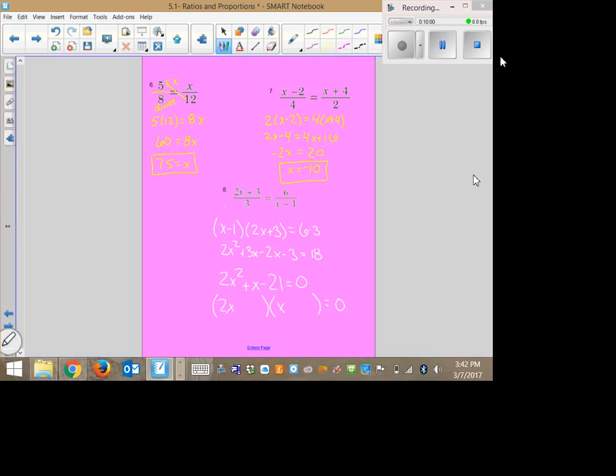So I'm going to put plus 7 and minus 3. So I can get x to be negative 7 halves, or x equals 3. So we can go over how to factor some of that again if you don't quite remember.